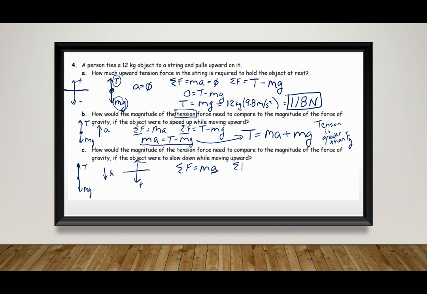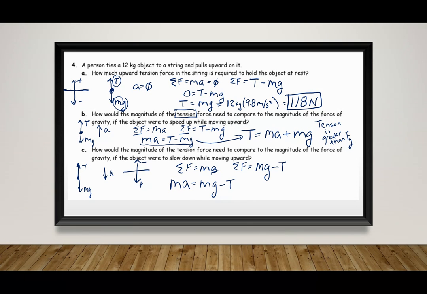My sum of forces is also equal to, so let me stop for a second. I always write up Newton's second law because the sum of forces is always equal to mass times acceleration. And then I take my component forces. So my sum of forces here is going to be mass times gravity minus tension. So I have mass times acceleration equals mass times gravity minus tension.